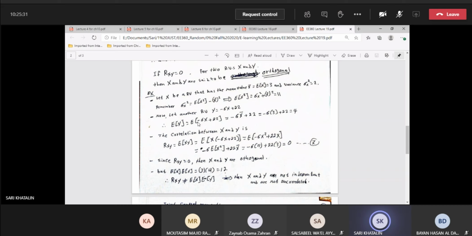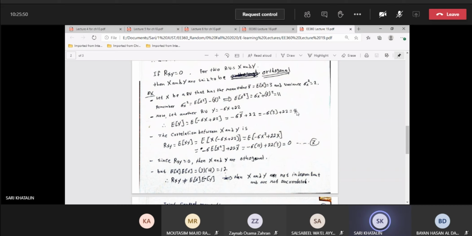Obviously we learned from chapter 3 that we can break this into minus 6 x bar, which is the mean of x, plus 22, which means that the expected value of y in this case is equal to 4.